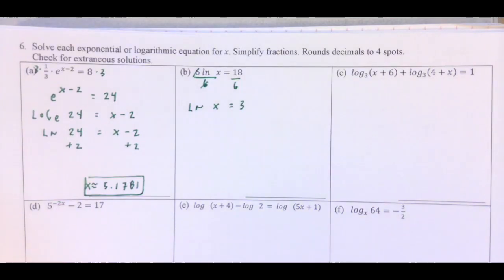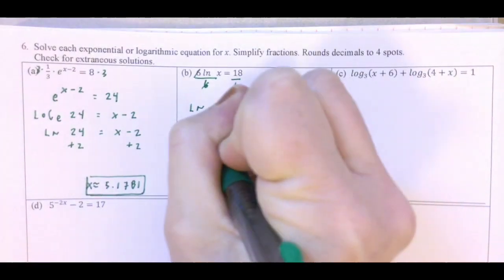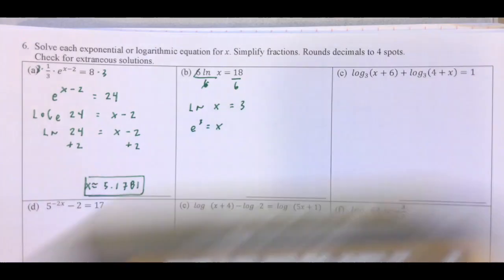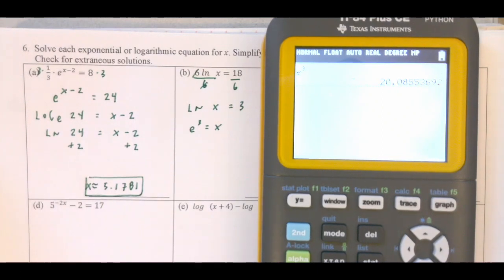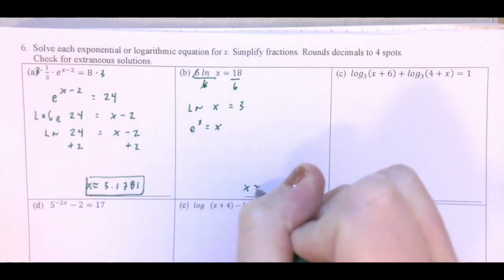So now I switch formats and I say, my base here is e. e to the 3rd power equals x. Take it to the calculator. So here I hit second ln, e to the 3rd power. Here we go. So 20.0855.